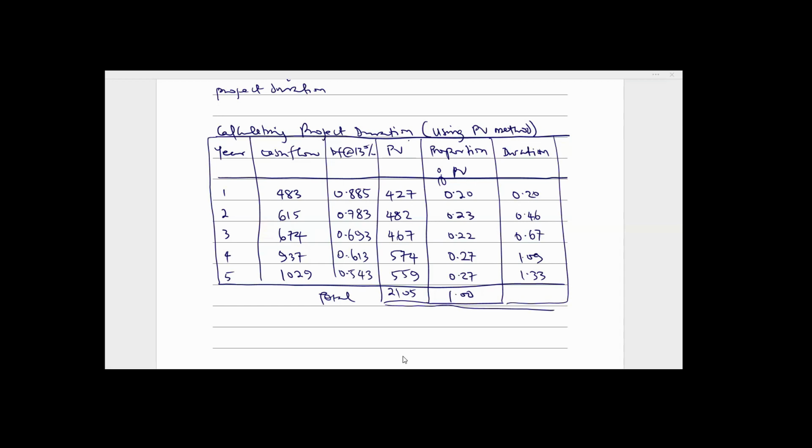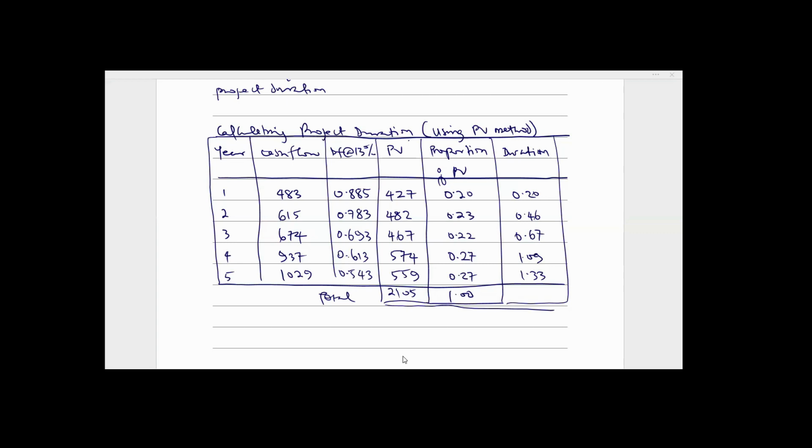Then multiply by 2 equals 0.46. Then 467 divided by 2105 equals 0.22.